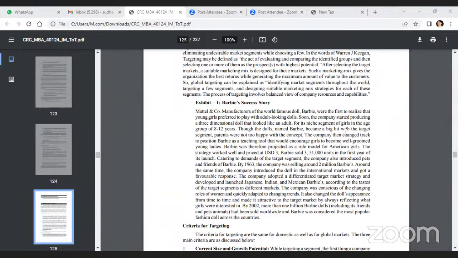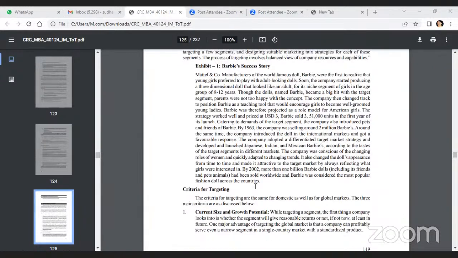Then that adult-looking girl product Barbie became so successful, and also became a teaching tool for girls to become well-groomed young ladies. Barbie was the projected role model of American girls. The strategy worked well, they have a good market, and it is still going with successful sales.